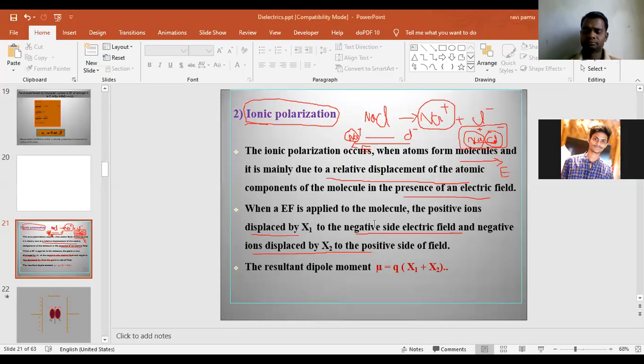See, now this is one positive ion, a cation, and a negative ion, that is Cl minus. That is the example.